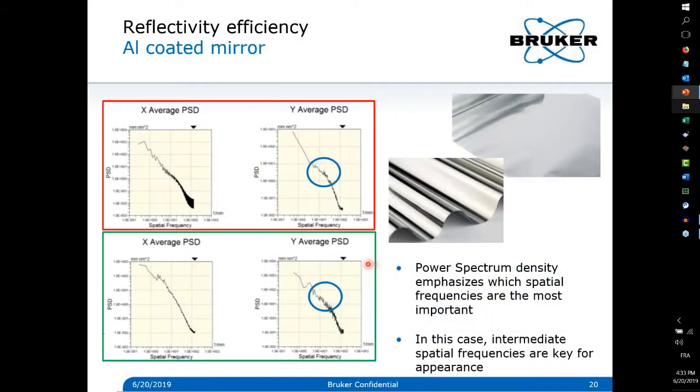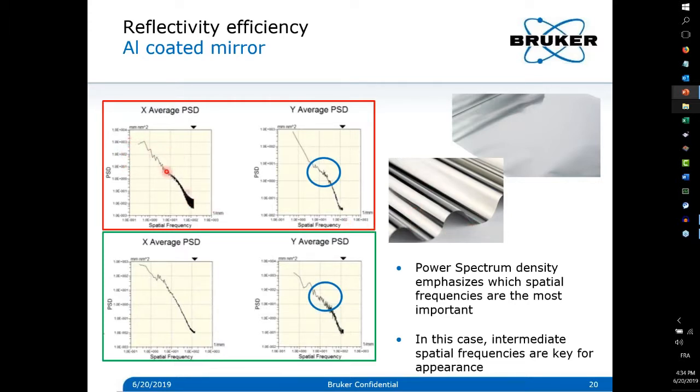A practical example is the first case, which is obtaining a mirror by deposition of aluminum coatings. And the coatings were, let's say, coming out either very shiny or relatively matte. And of course, as a mirror, you want it to be as shiny as possible.